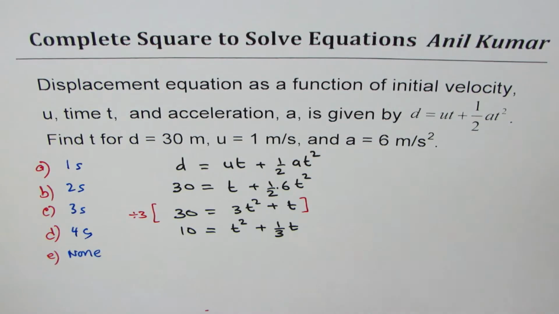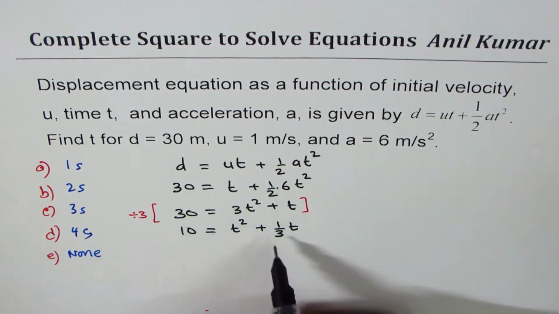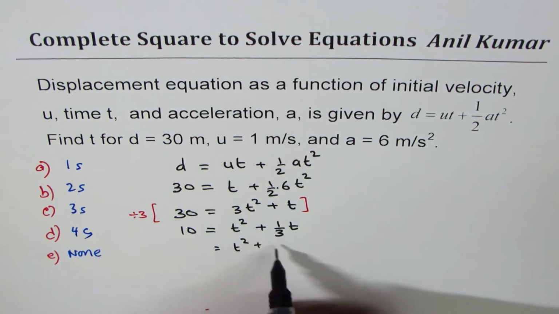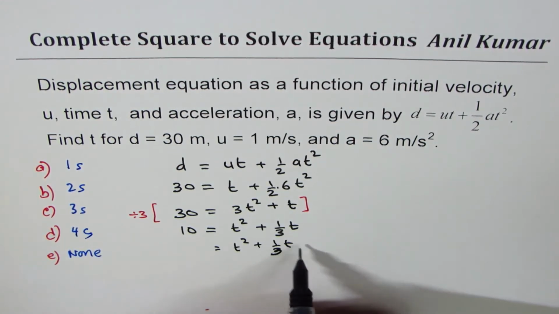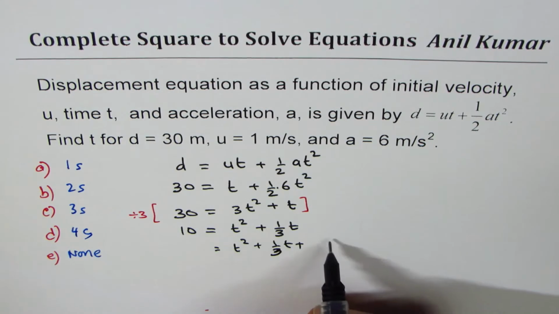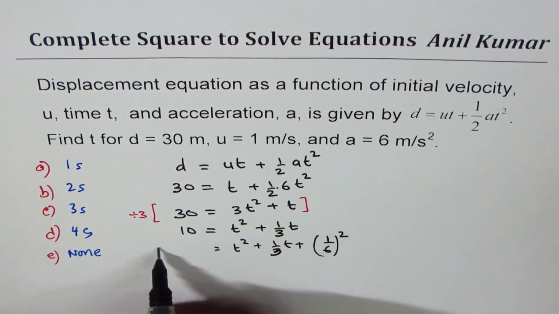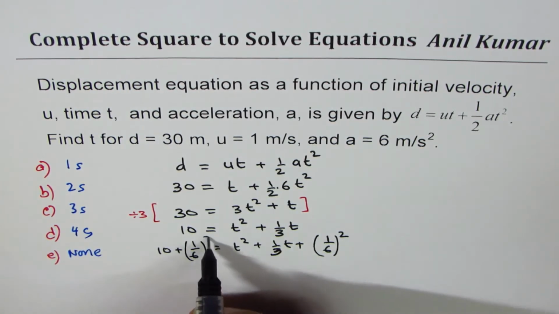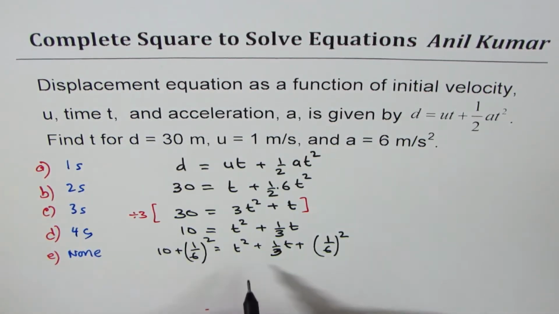Okay. Now the next step is add half of this. So we have t square plus 1 over 3t plus half of 1 over 3, which is 1 over 6, right? Square of that. So we have 10 plus 1 over 6 whole square. Okay.